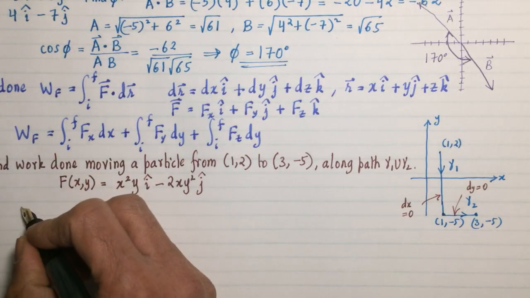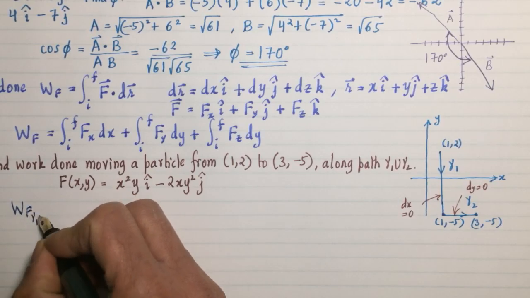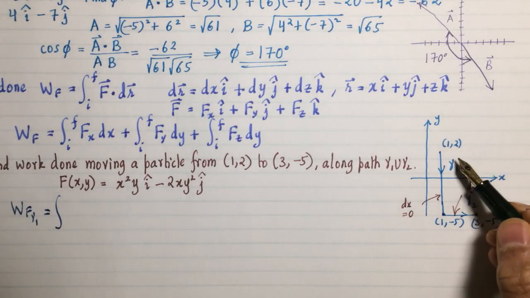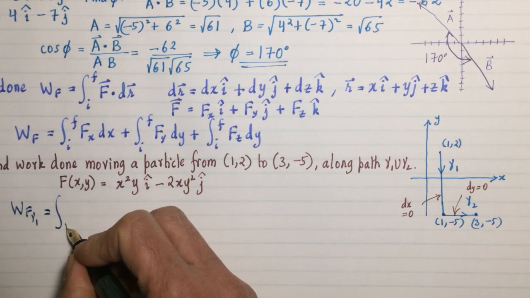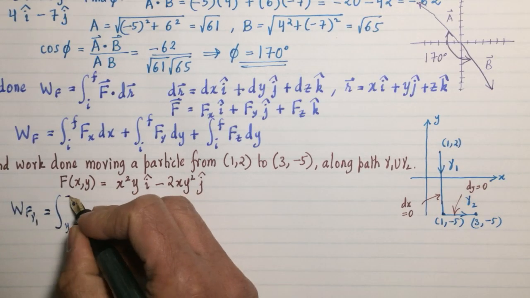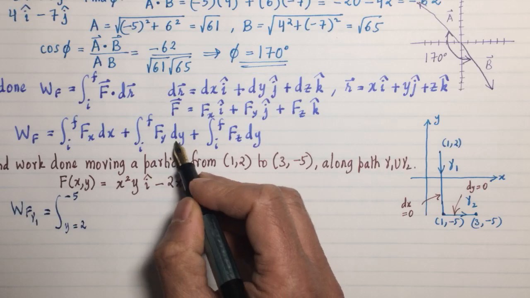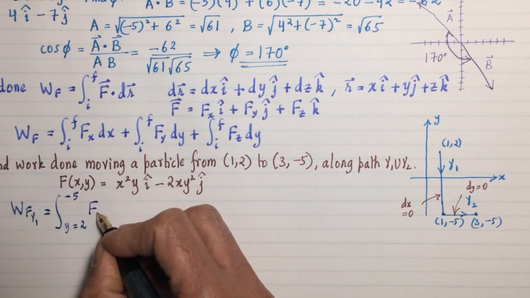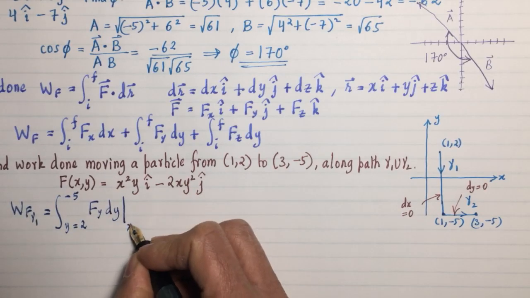So the work done by the force along the path gamma 1 will be the integral. Along the path gamma 1, x doesn't change, but y changes from 2 to -5. And only dy comes in, so I'm going to get Fy dy, and I have to make sure that the x value is kept at 1.